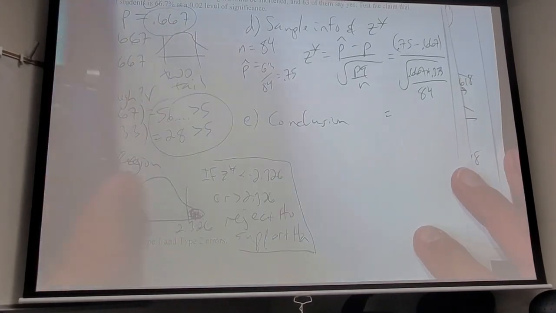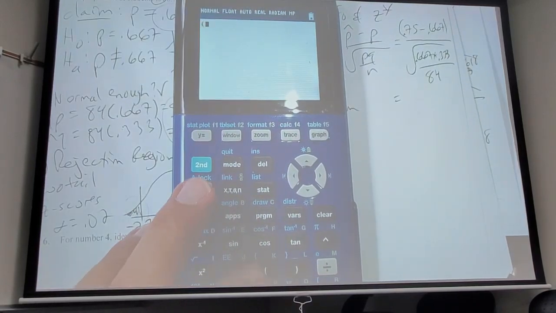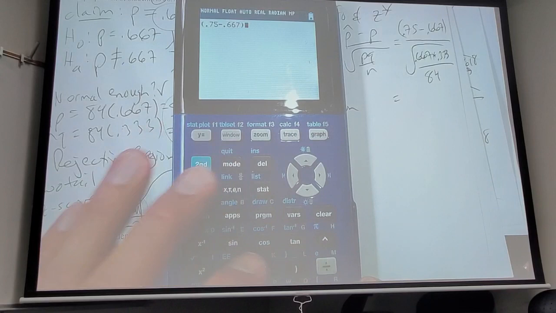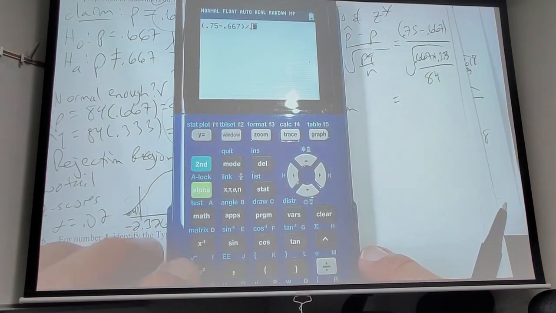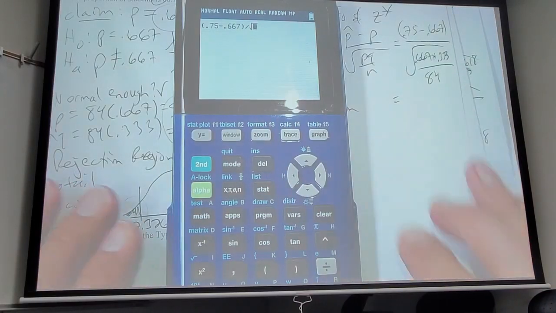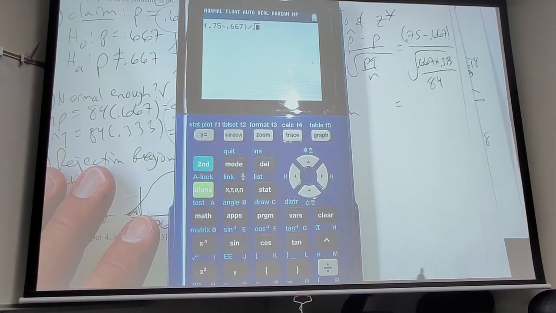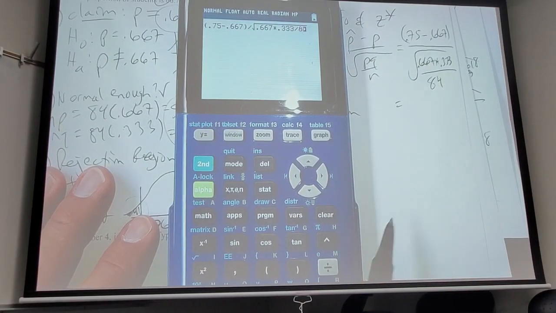So to put it in the old calculator, let me do this again. You have to put parentheses around the top, 0.75 minus 0.667, because the calculator doesn't have eyeballs. It can't tell what the top is. Divided by square root. Now I'm lucky I got a calculator where the square root symbol grows. Square root of 0.667 times 0.333 divided by 84.